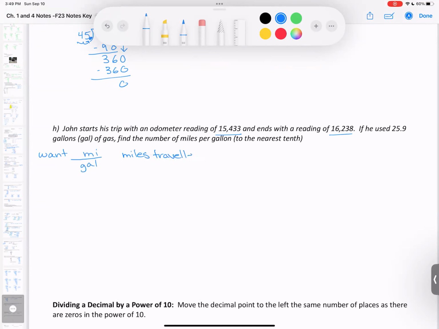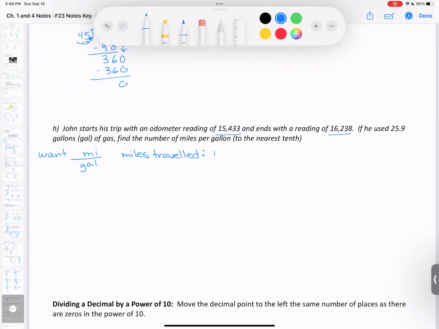So how would we know how many miles he's traveled? Well, we could take his end odometer reading and subtract the beginning odometer reading, and that's going to tell us how many miles he traveled in his trip.